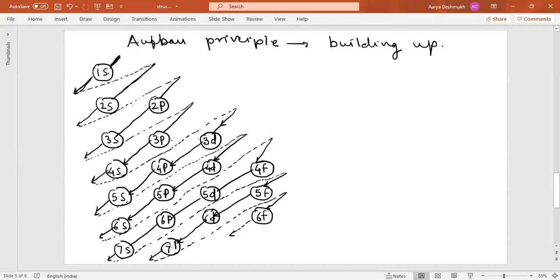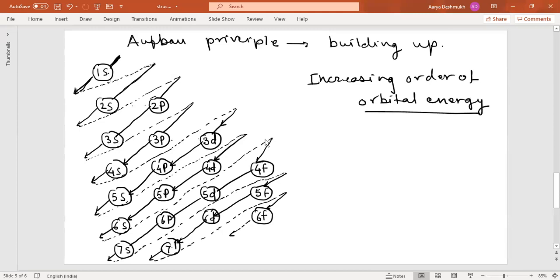This is the way you try to write the electronic configuration. This diagram will give you the increasing order of orbital energy. When you write the electronic configuration for any element with any particular atomic number, you just start with 1s.